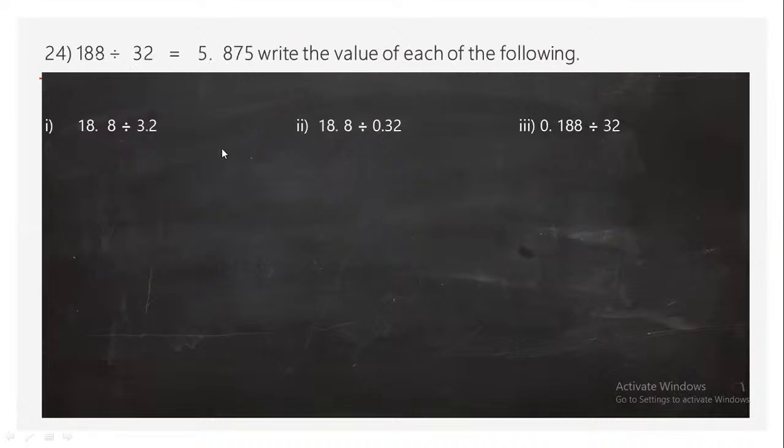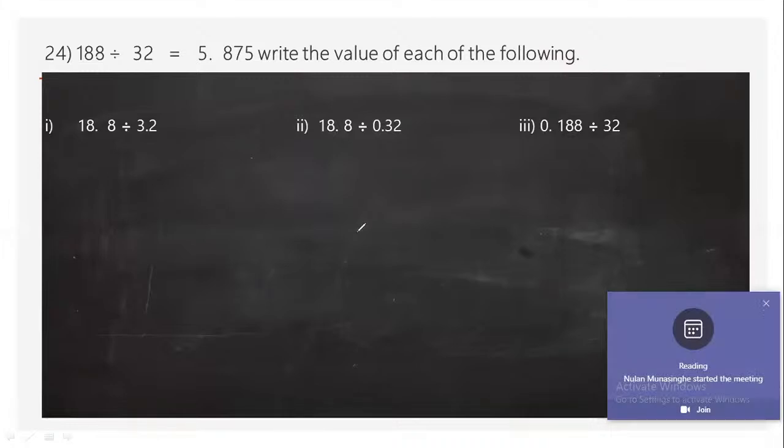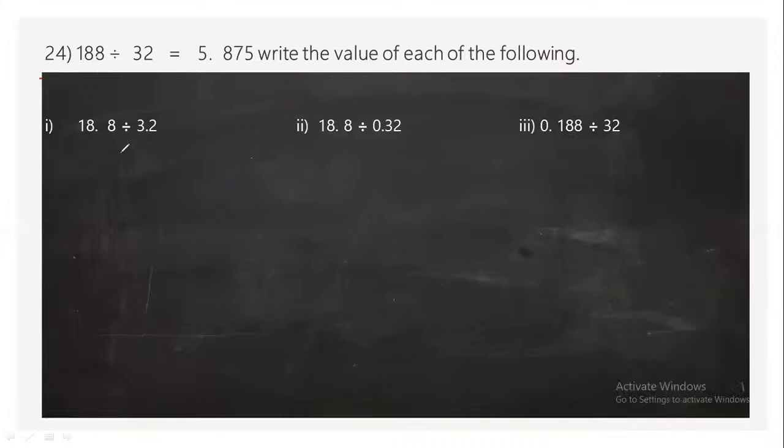24th: 18.8 divided by 3.2. Straightaway you can write the answer here. The answer given is 5875. Here 1 decimal and here 1 decimal, altogether 2.